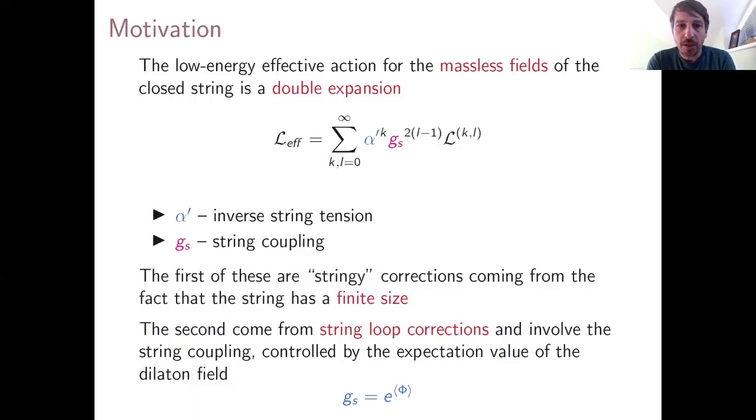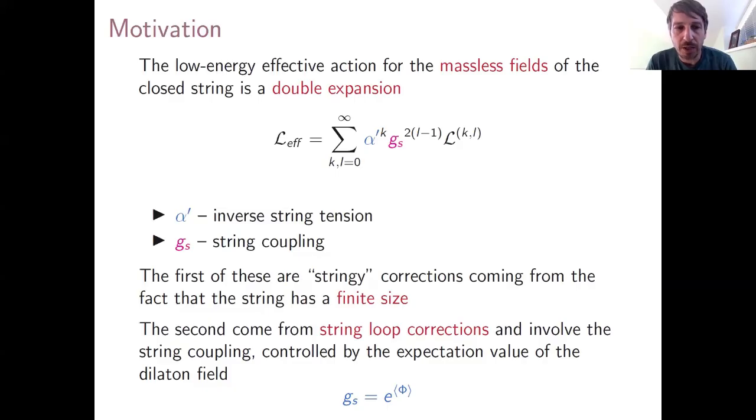So the first of these, the alpha prime corrections, are often referred to as stringy corrections. They come from the stringiness of the string as opposed to point particle theory, where they would not be there. The string has some finite size, and that's what gives rise to these corrections. In the point particle limit, they would disappear.